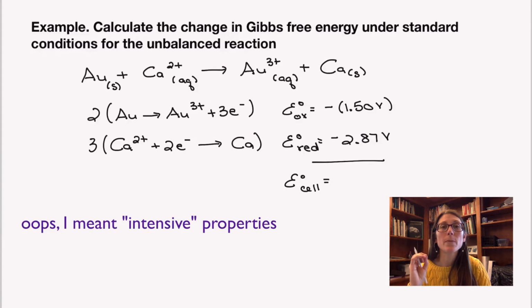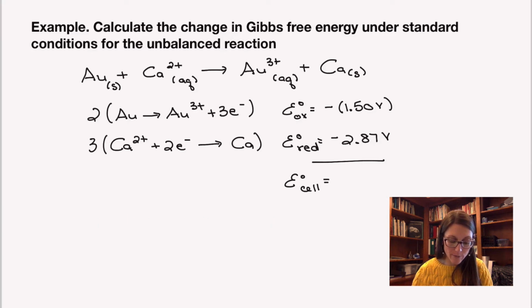Those are intrinsic properties. So I still just need to add to get an overall cell potential, negative 4.37 volts. So there's my cell potential. Look at it. It's negative, not spontaneous, but it's still a useful piece of information. Now we have E naught for this particular process as written.